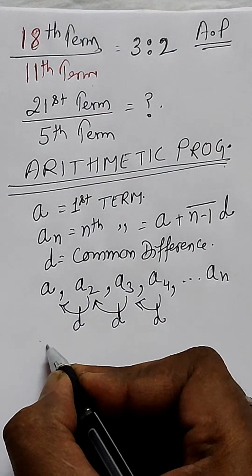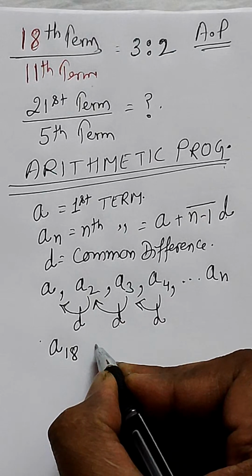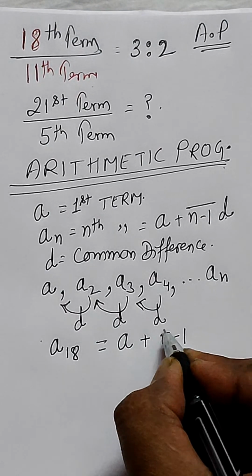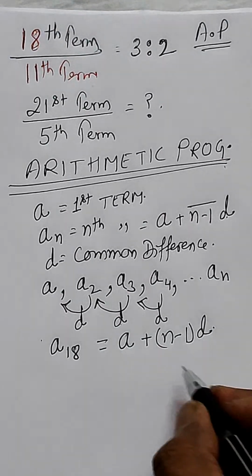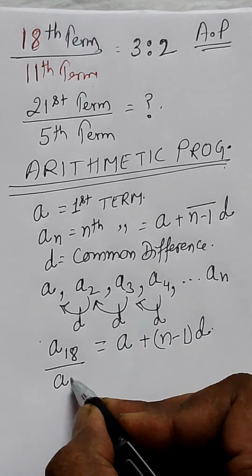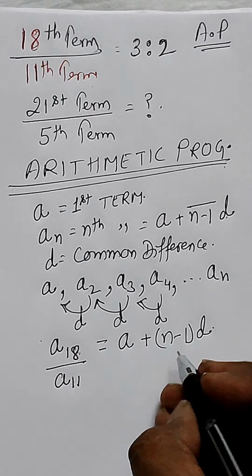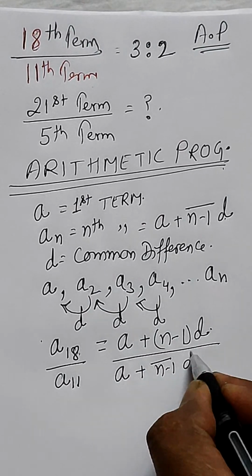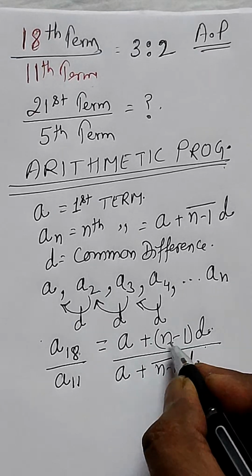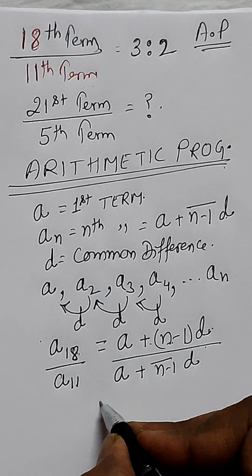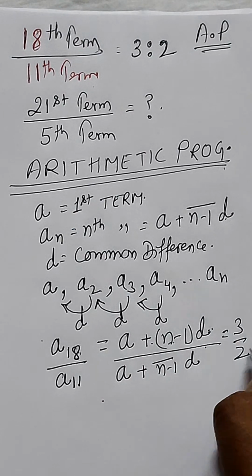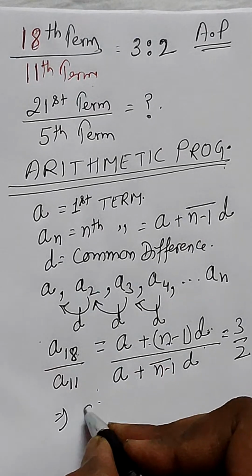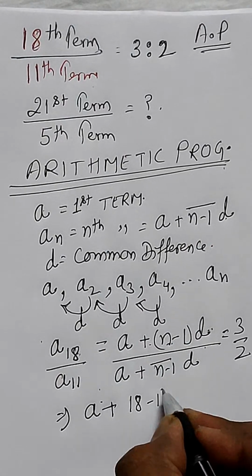So the nth term is represented as a plus n minus 1 into d, and the ratio will be A18 by A11, equal to 3 by 2. For the numerator, n will be 18, so we write a plus 18 minus 1 into d.